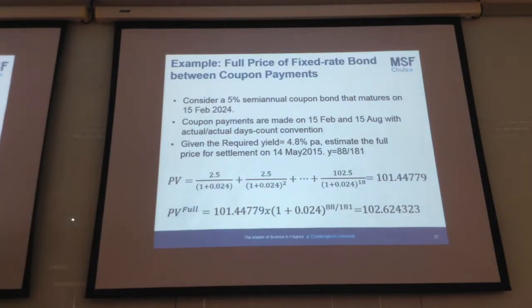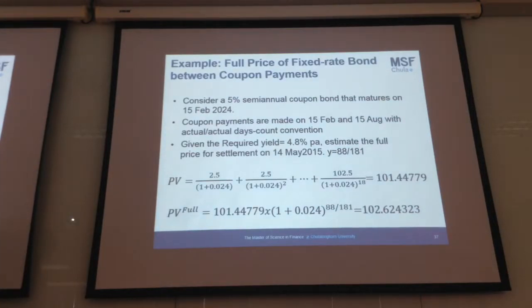And the proportion of the time equals 88 days over 181 days. How to get this? The day count convention in this example is assumed to be actual.